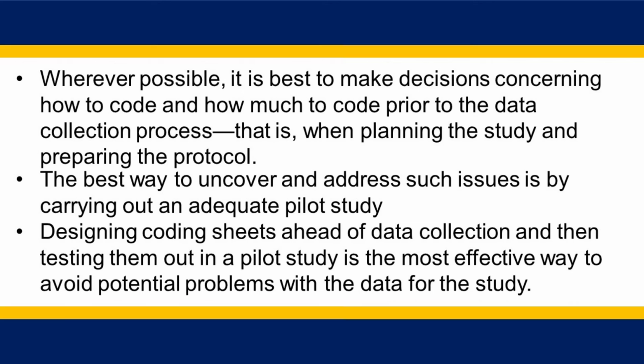For instance, if straightforward coding sheets are designed ahead of time based on research questions and variables, it may become obvious that the proposed data collection procedures cannot provide clear answers to the research questions. This may lead researchers to rework their plans for gathering data so that they can gather more information or different types of information from other sources.